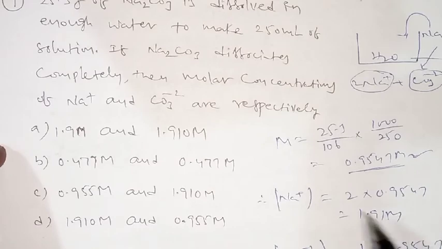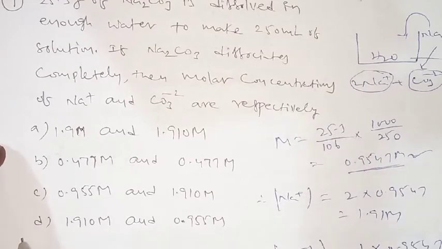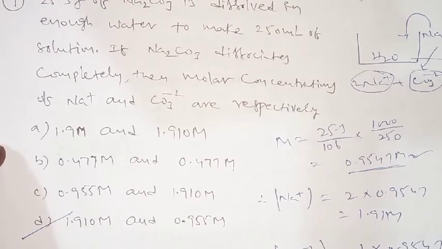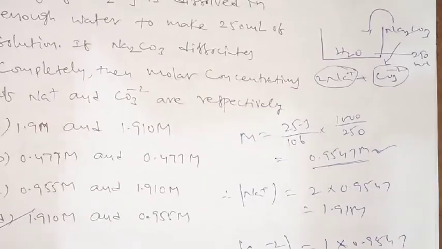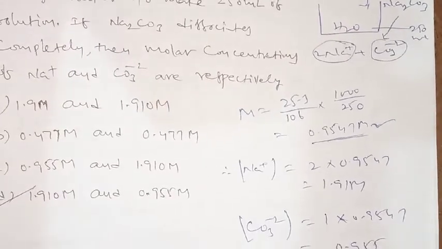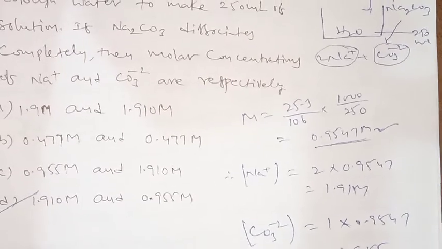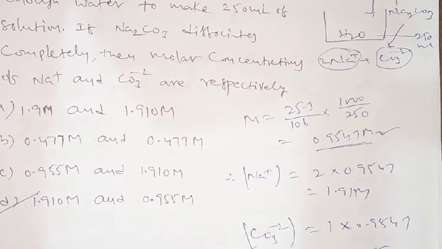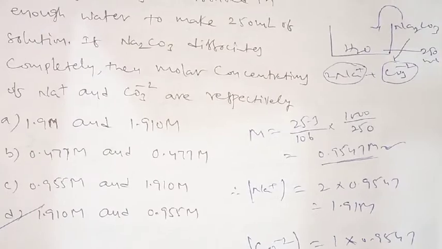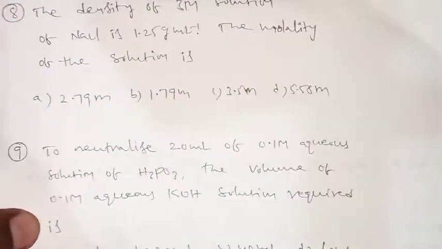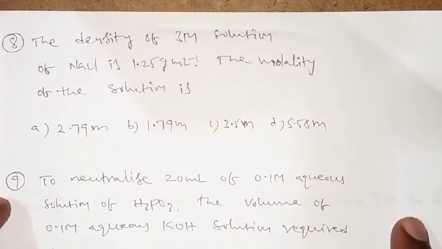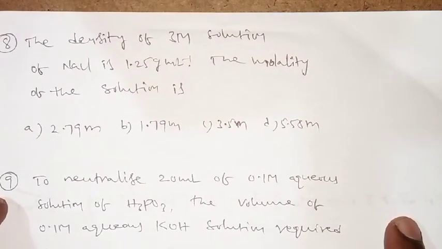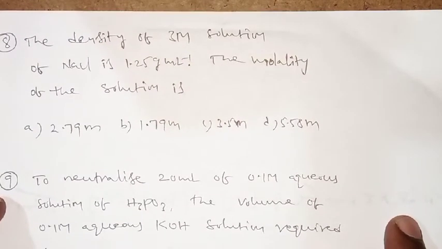Then which is the correct answer as per the given options? This one, D. Is it clear? So look at the procedure. Very simple and very important model, because they ask about individual ion concentrations. Right. Look at the next question. The density of 3 M solution of NaCl is 1.25 grams per milliliter.